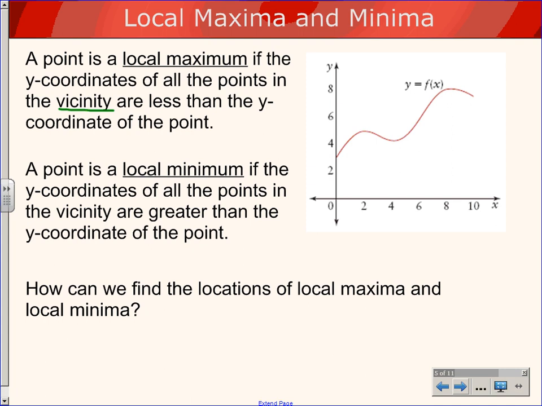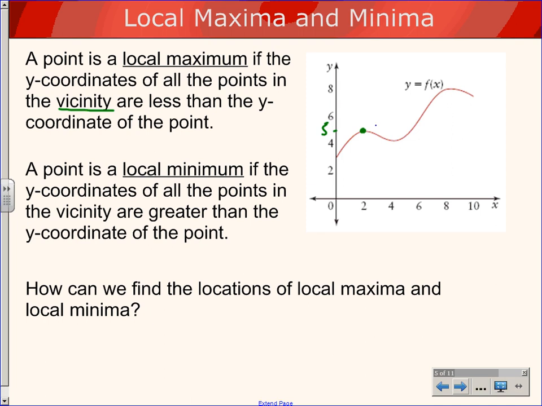So let's pick out one here. Here is a local maximum right there. Because at that point, the y value, probably around 5 or so, is higher than all of the other points in the vicinity.